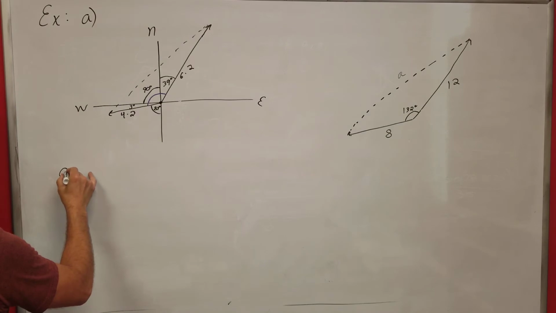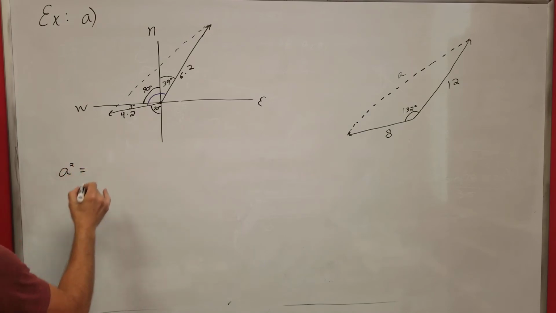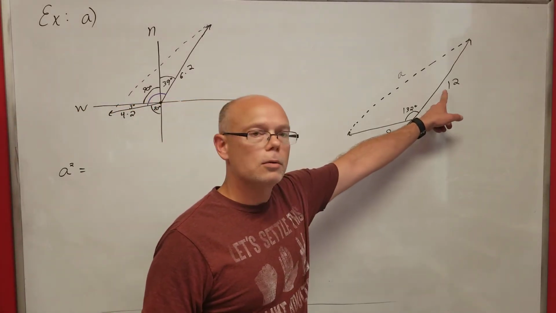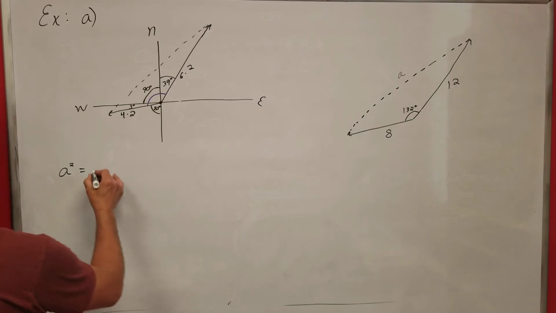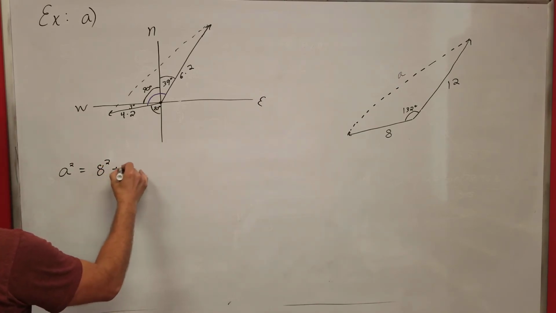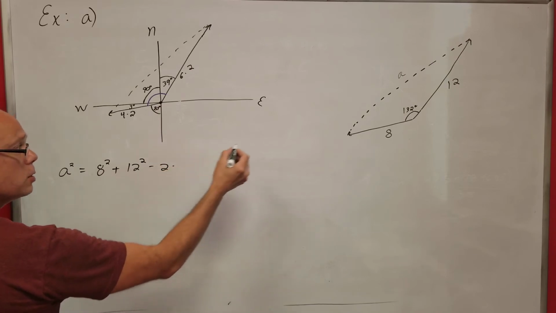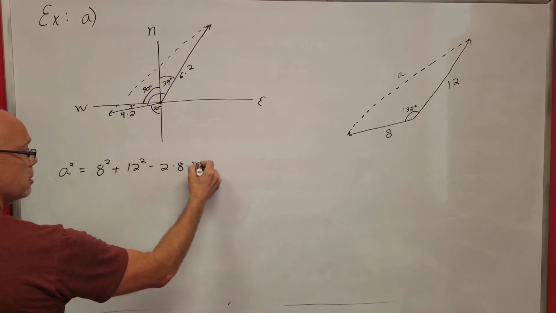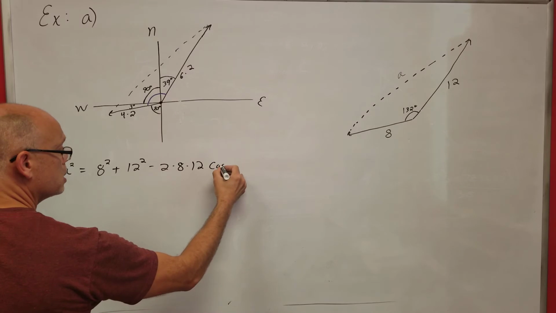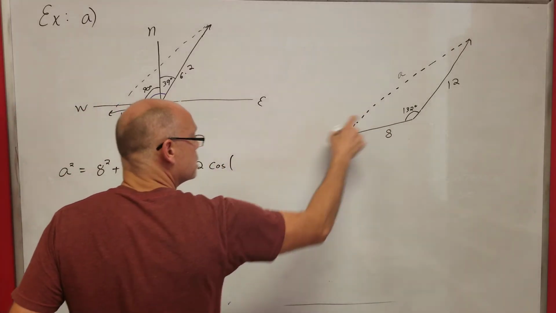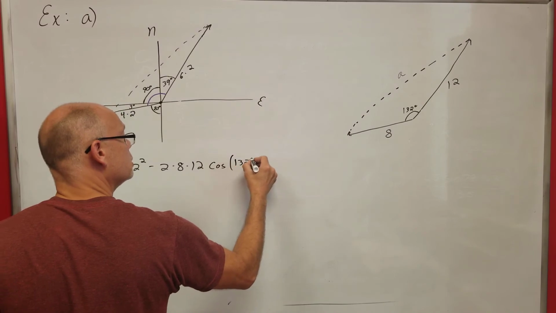Okay? So how do I find A then? Well, A squared is equal to what? The lengths squared added together. So 8 squared plus 12 squared minus 2 times 8 times 12 times the cosine of the angle opposite of side A. It's cosine of 132 degrees.